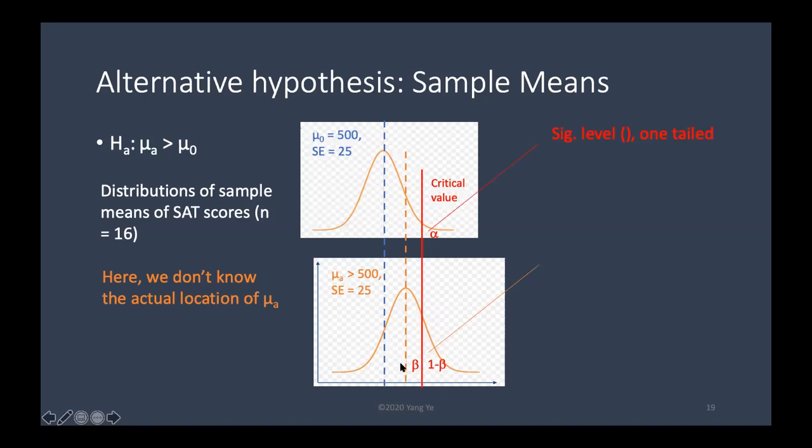If we happen to get a value to the left-hand side of this critical value from our college population, you can see that this value falls to the left of the critical value, and therefore it will fail to make the right conclusion that the null hypothesis is false and the alternative hypothesis is true.